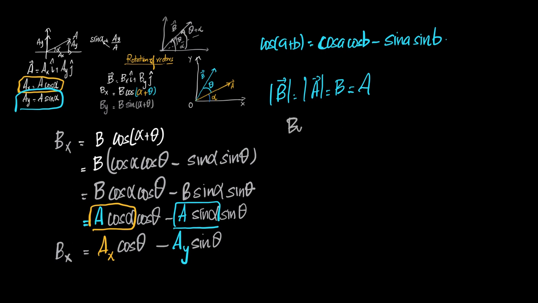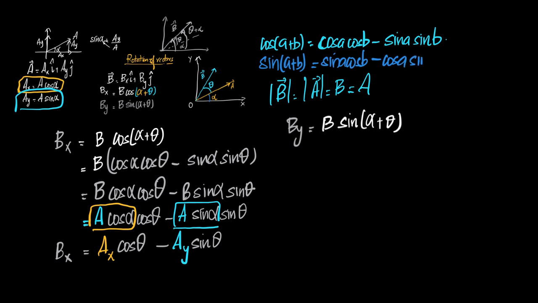Now, what can we write similarly for by? See, by will be equal to b sin(alpha plus theta). Now, sin(a+b) is equal to sin a cos b plus cos a sin b.